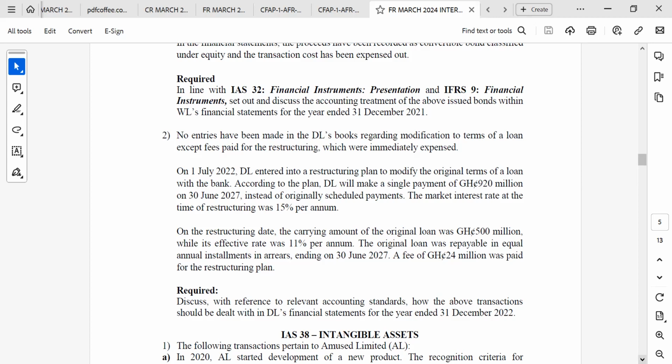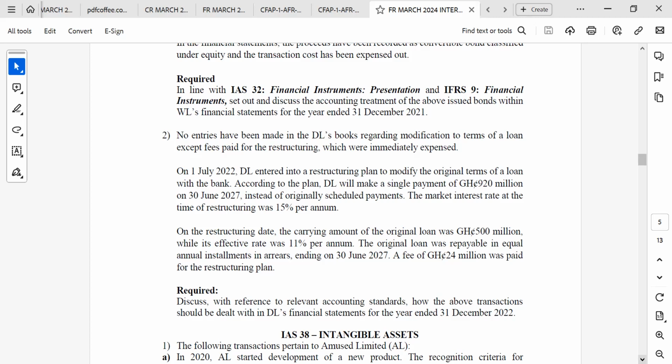Whenever there is a loan modification, the standard says that you should determine whether the modification is substantial or non-substantial. What do we mean by substantial? We look at the carrying value of the current loan, and then we look at the present value of the new payment terms using the original effective interest rate.